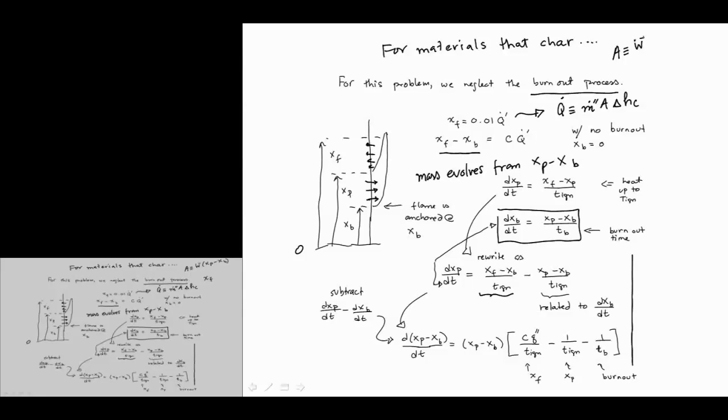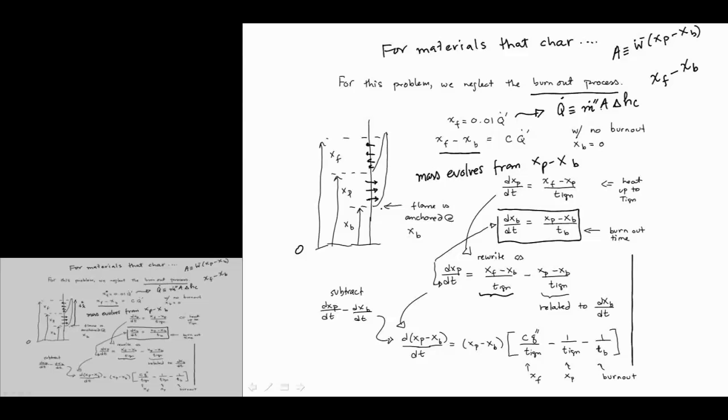So this is the key point. xf is the flame length, but it's the flame length referenced to 0. That's why we have to say xf minus xb. You might want to call this xf star, the flame length referenced to the base of the pyrolysis zone.